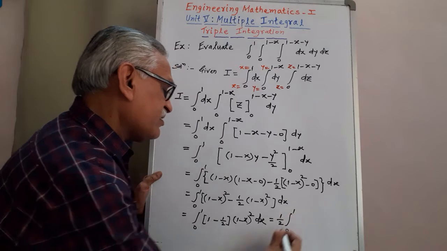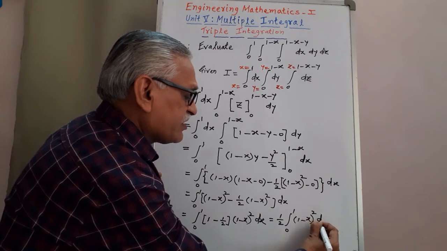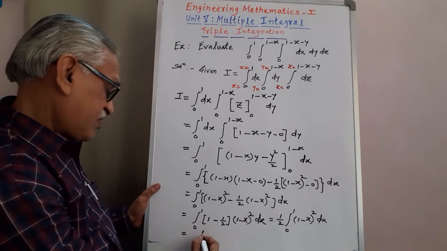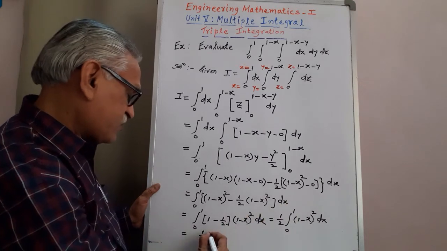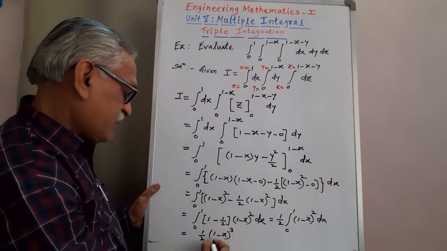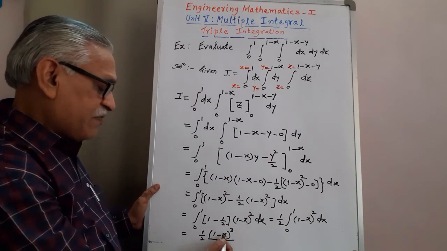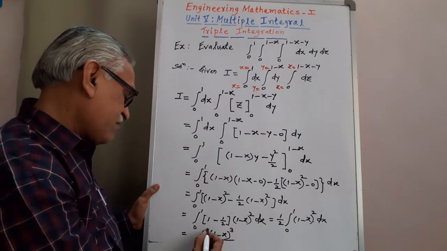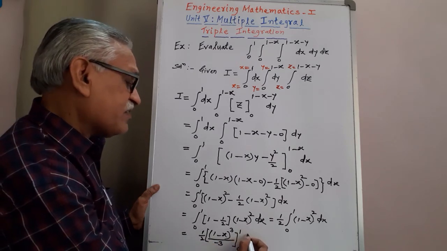Integral from 0 to 1, and remaining term is here 1 minus x bracket square and its integration with respect to x, and therefore it is equal to integration of 1 minus x bracket square is 1 minus x raised to 2 plus 1, that is 3, divided by 3 and divided by its coefficient of x. Coefficient of x is minus, and therefore divided by minus 3, and limits from 0 to 1.